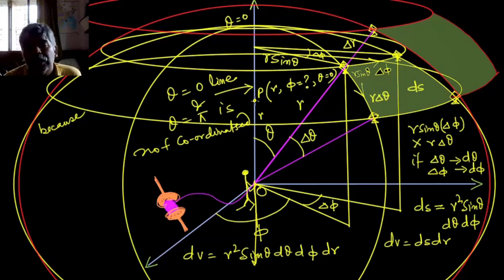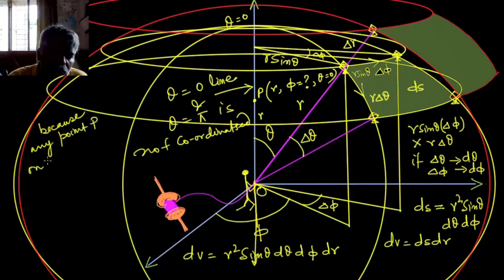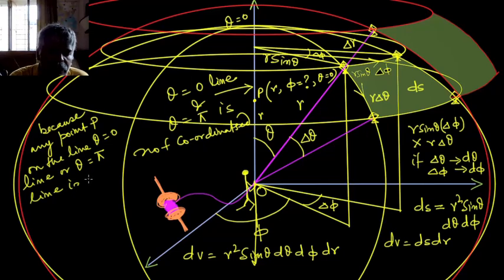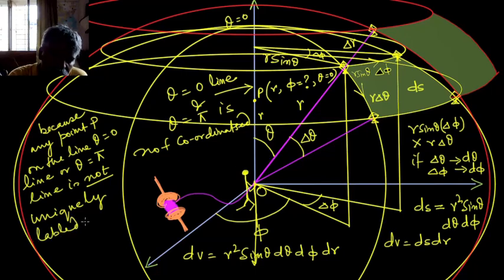Because any point P on the theta equals 0 line or theta equals pi line is not uniquely labeled by three numbers.